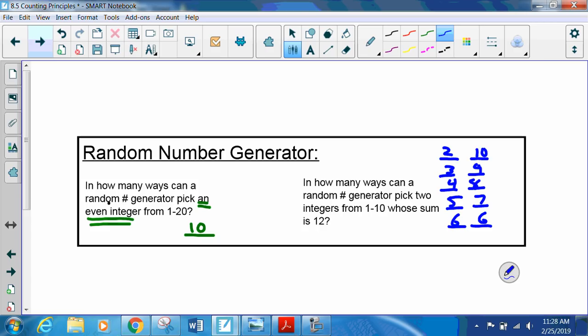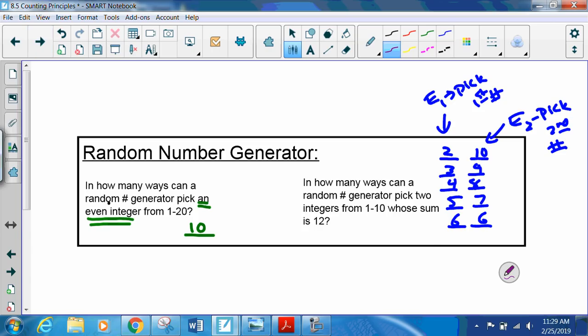And since the number generator, when it's picking 2, the first event is picking the first number. So event 1 would be pick first number. Event 2 would be pick second number. So do you think it would make sense that I could keep going? I'm going to switch colors, and I could count.